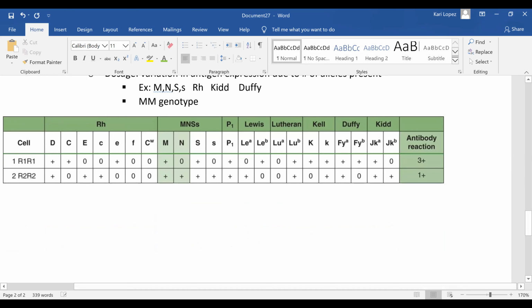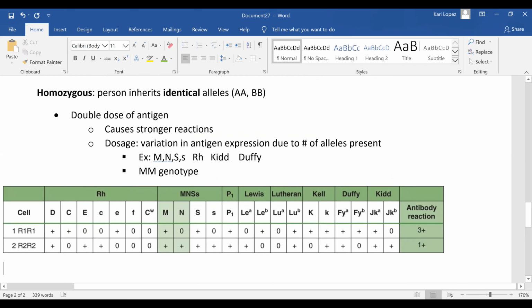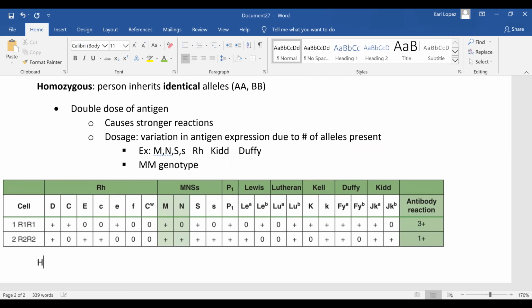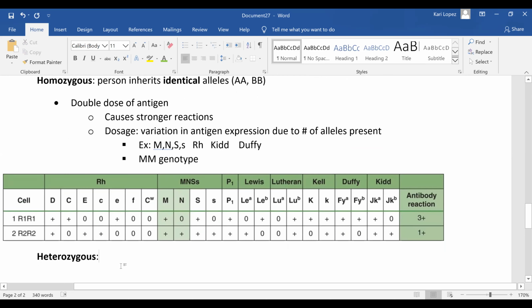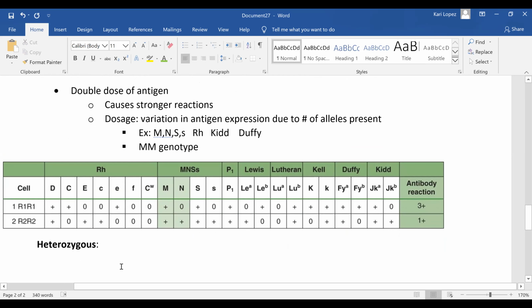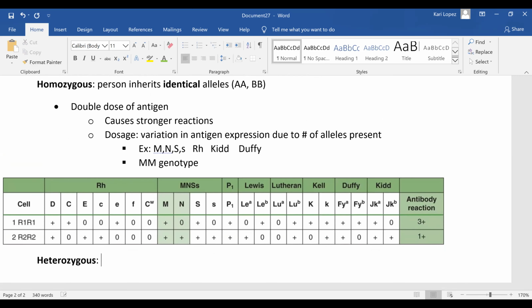And then to heterozygous. For heterozygous, the person inherits different alleles.